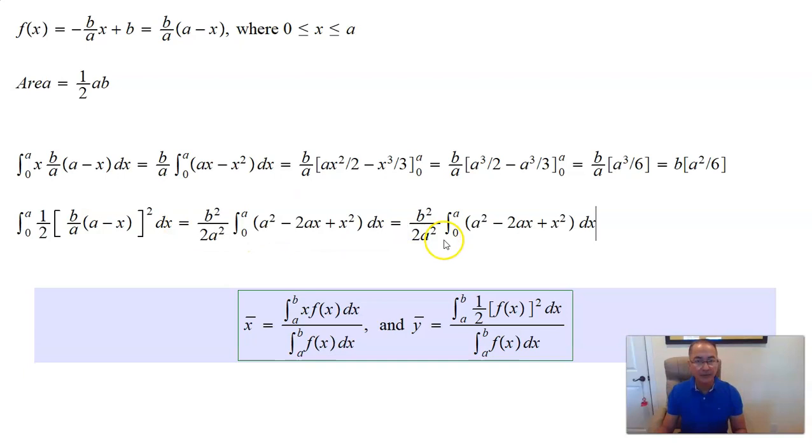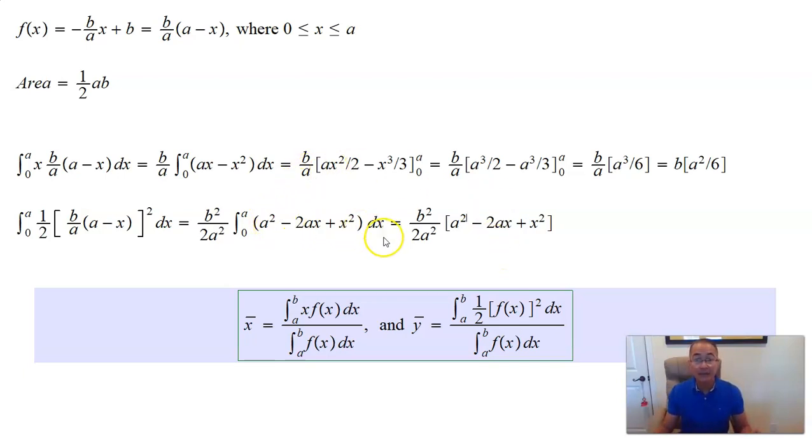Antiderivative. So we will take this away and take this away and put this in braces. Antiderivative, a squared becomes a cubed over 3. Sounds familiar. I'm sorry. Bad.